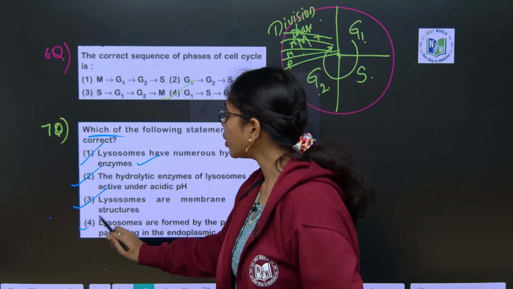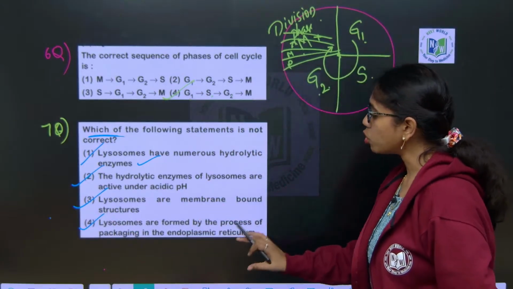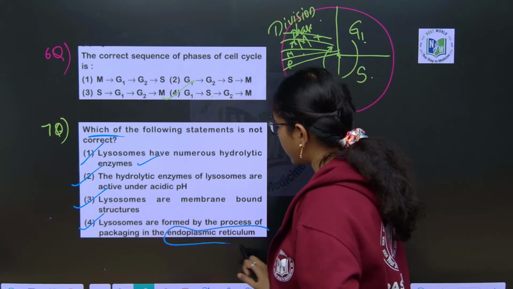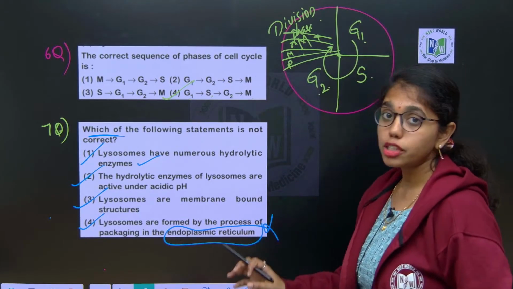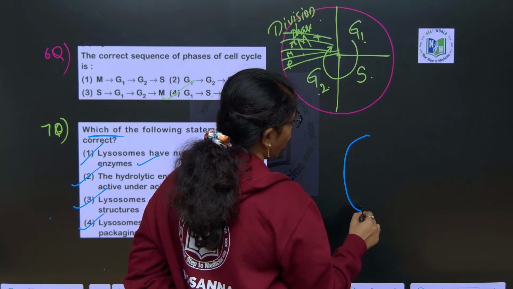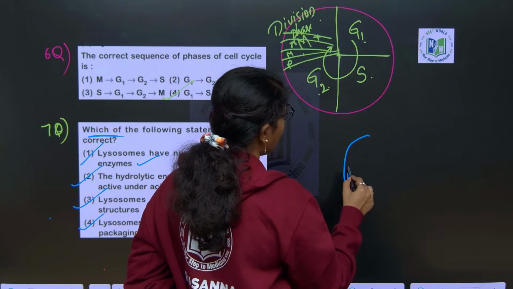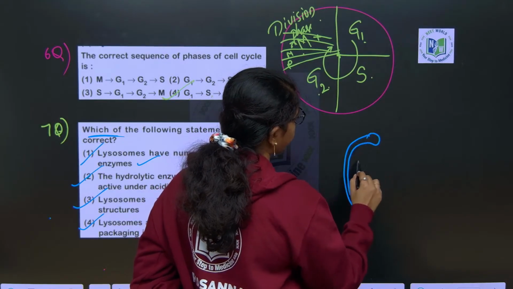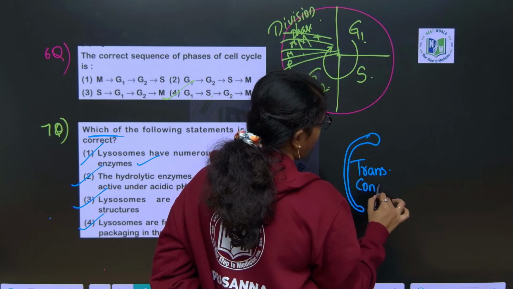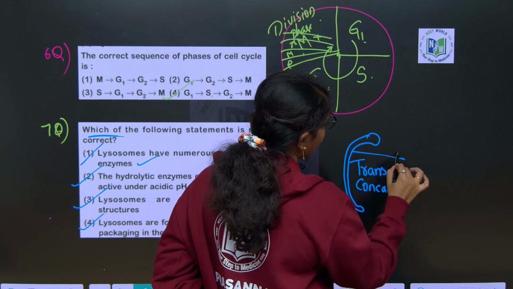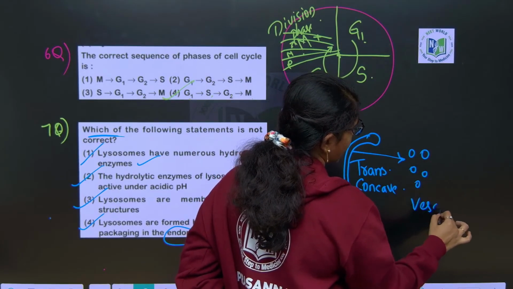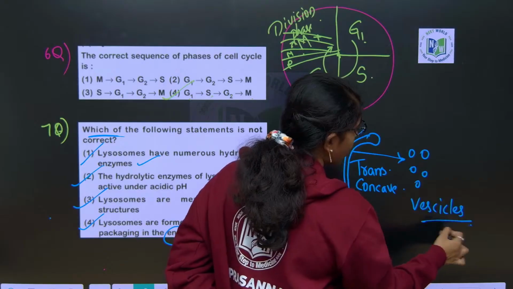And if you look into the fourth statement, lysosomes are formed by the process of packaging in endoplasmic reticulum, wrong. Lysosomes are formed because of the packaging in Golgi bodies. Packaging in what, ma? Golgi bodies, that too from the trans face of Golgi. From the trans face or concave face of Golgi, lysosomes are released in the form of vesicles.